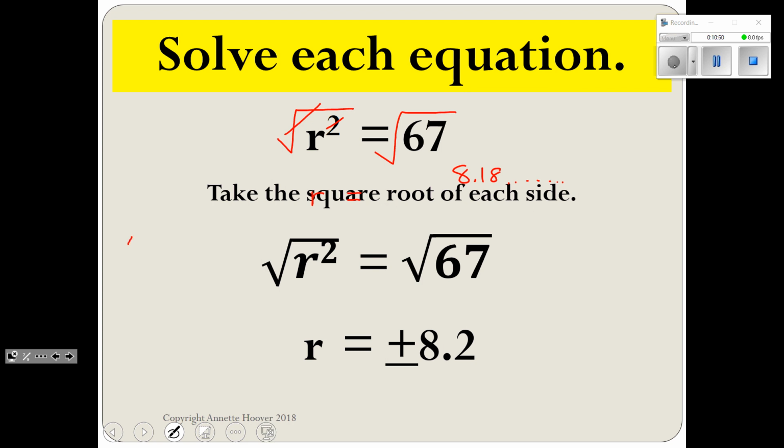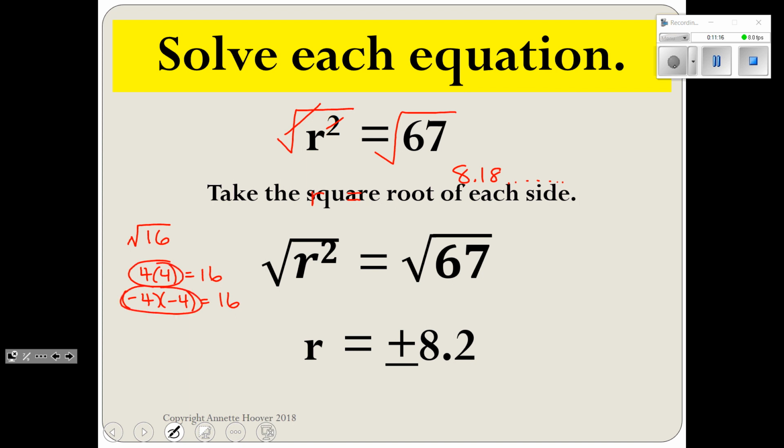Let's take a number that is a perfect square. Let's say you're taking the square root of 16. Well, the square root of 16 is 4, because 4 times 4 equals 16. But it is also true that negative 4 times negative 4 is a positive 16. So the solution could either be positive 4 or negative 4.